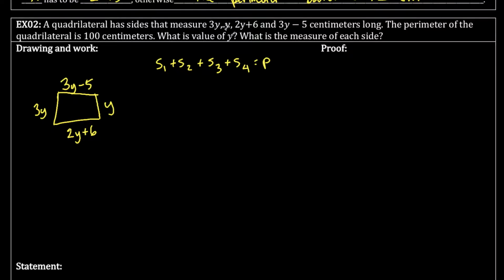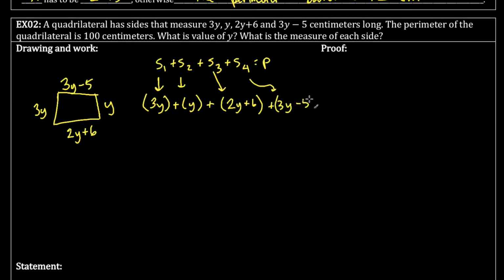So let's just go in order. So side 1 can be 3y. Side 2 can be y. Side 3 can be 2y plus 6. And side 4 can be 3y minus 5.